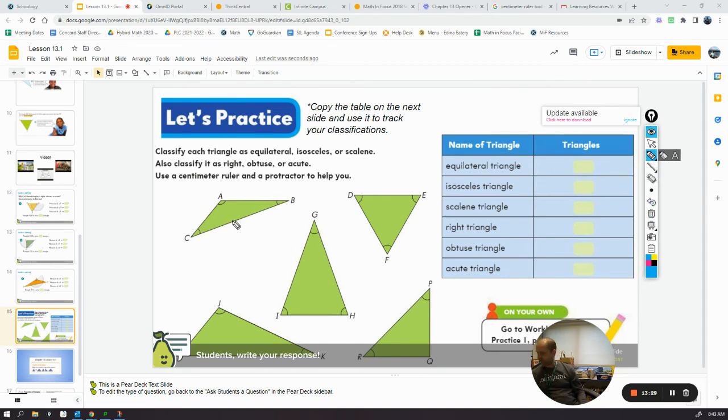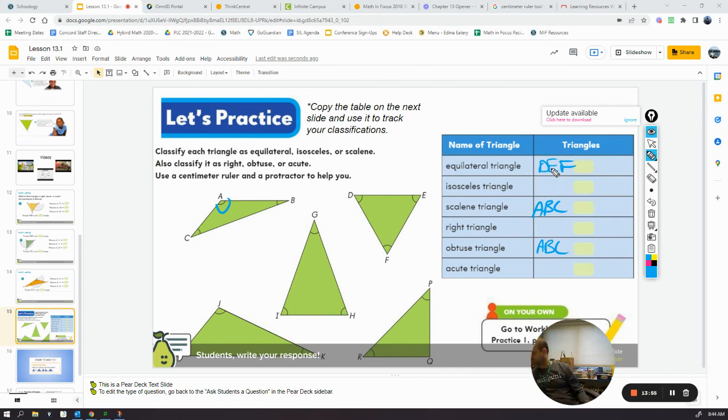Okay, so let's see, ABC. If you measure out ABC, we find out it is scalene. And we also find out it's obtuse, because this angle's obtuse. Okay, if we do DEF, this guy here is going to be an equilateral.